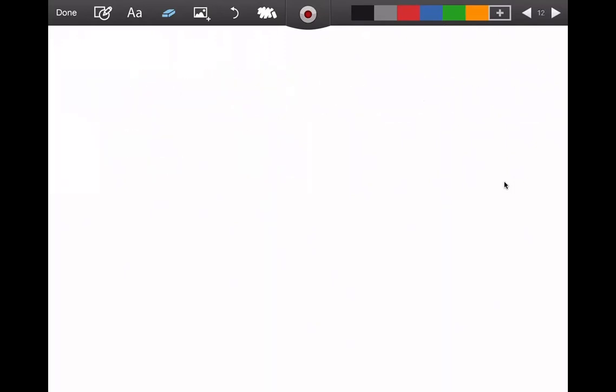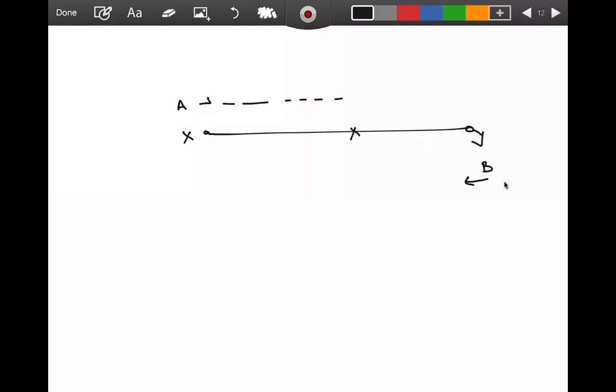I did not cover this in my last session, but this is mentioned in the math booklet. Please just have a look. So there is this special situation in which we have 2 points X and Y. A leaves from station X towards Y, and B leaves from station Y towards X, and they meet here.